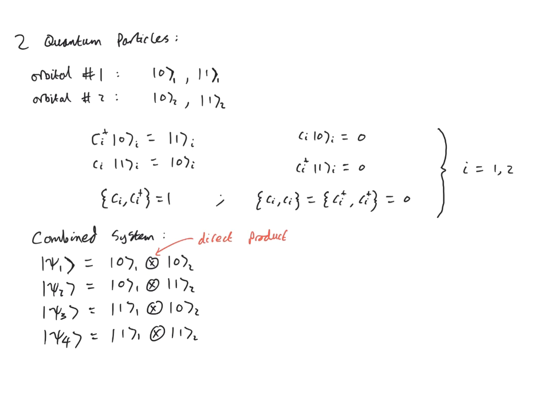So let me just make a note on that. Here we have four possibilities. There's a four-dimensional state space.